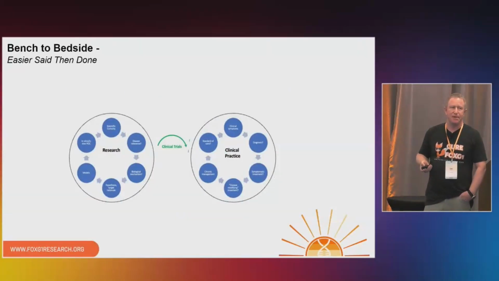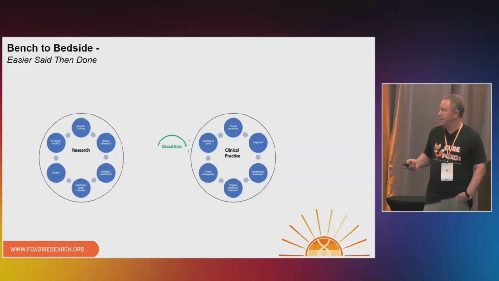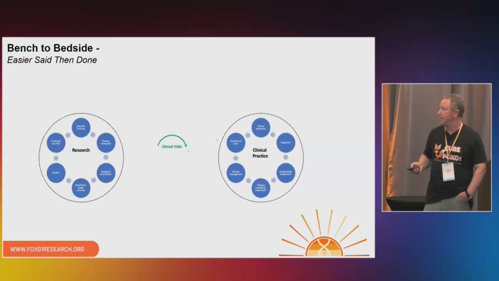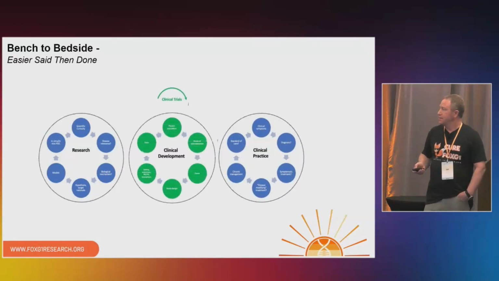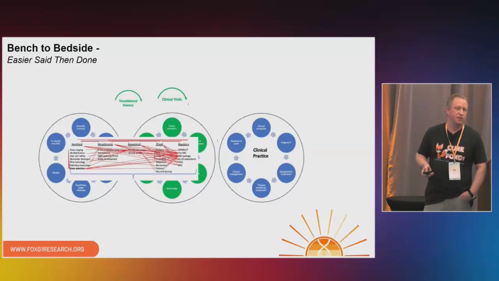So maybe in summary, in order to move from research to clinical practice of an approved drug, we're going to need to conduct clinical trials. But conducting clinical trials is also not trivial. We need to get some work done before we can do that, and this is where we need the translational science, which is where we are today.